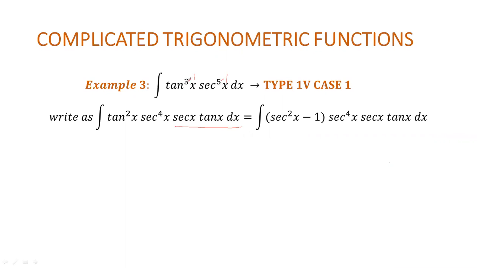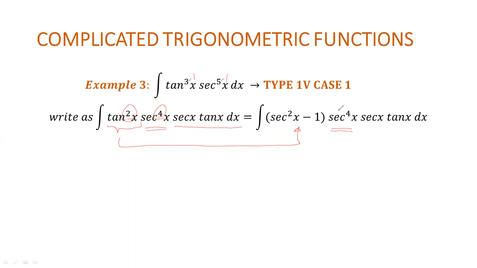Now, if you take 1 from 3, that would be the 2. If you take 1 from 5, that would be the 4. And what you did, this tangent squared, was converted using the identity secant squared x minus 1. The purpose is for you to be able to combine later the secant squared of x minus 1 with this secant to the fourth x.